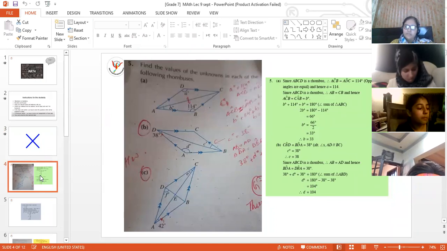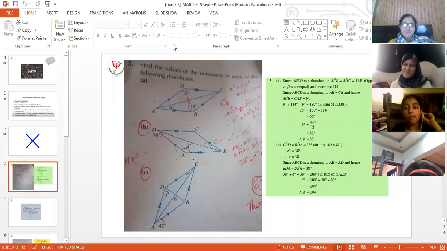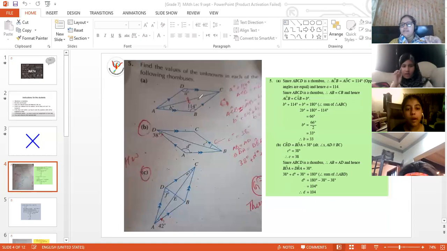I think we have done part A of question number 5. Okay, fine. Question number 5, part A. Find the values of the unknowns in each of the following rhombuses. First of all, you have to memorize the properties of the rhombus, right?